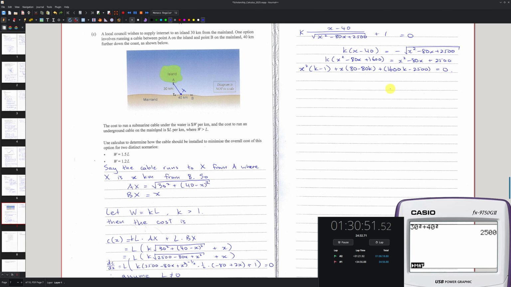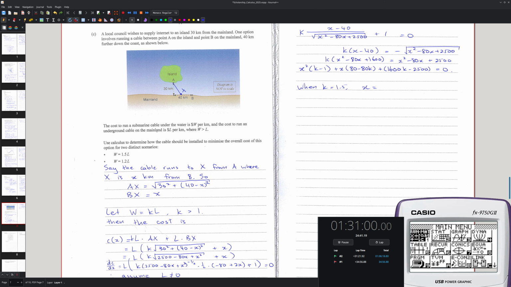Okay, so when k equals 1.5, x equals... so 0.5, negative 40, 1600 times 1.5 minus 2500, 82.